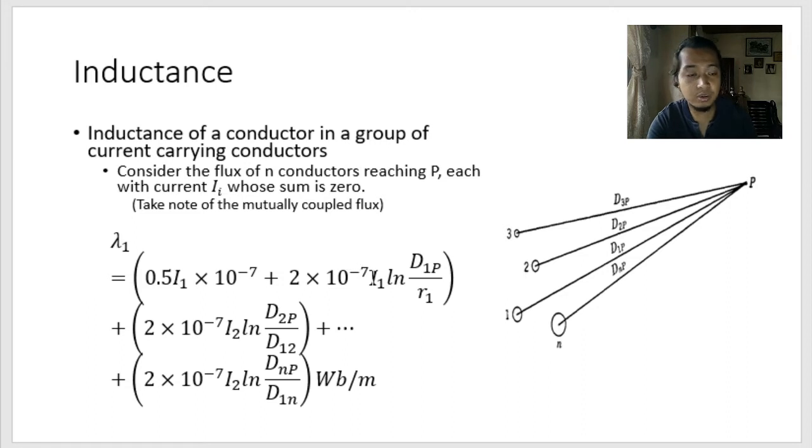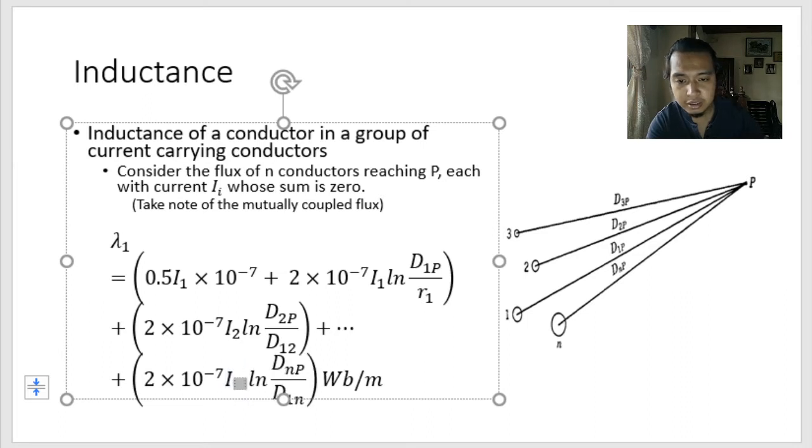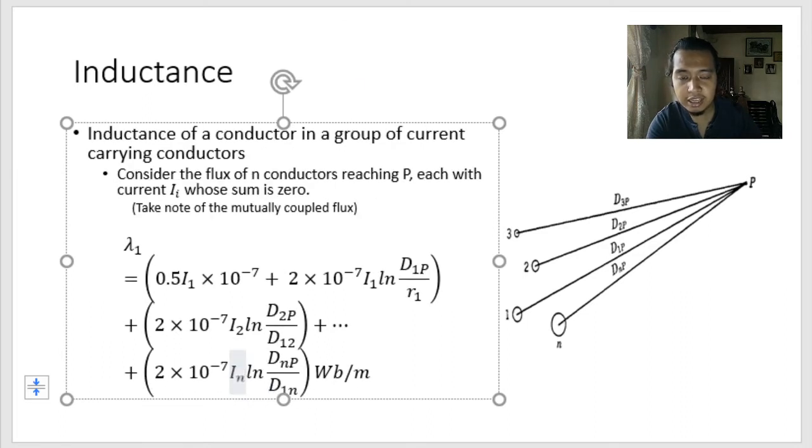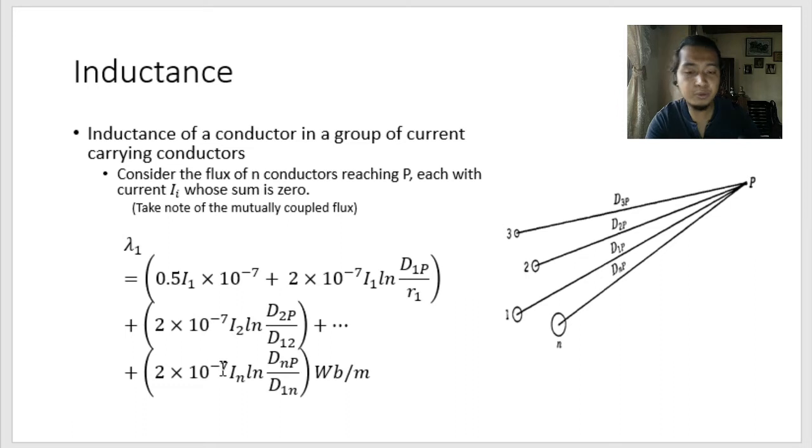This is the self-inductance. And then these ones are due to the other conductors, current I2. This is due to current I2. I think this is current IN. I might have miswritten this. So that's IN, up to the current IN.